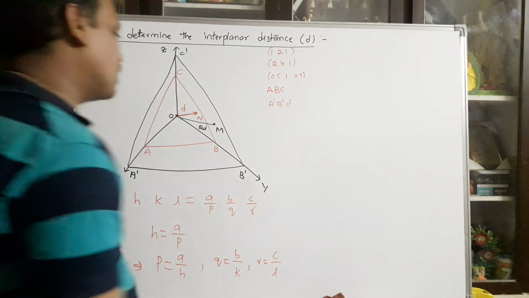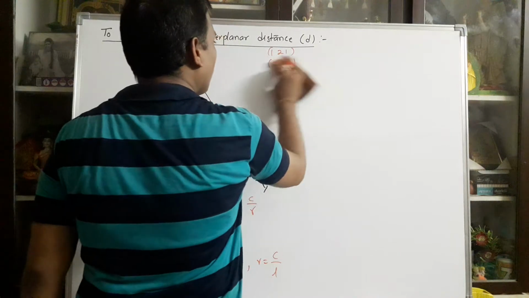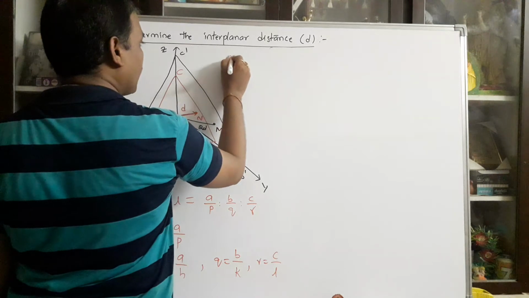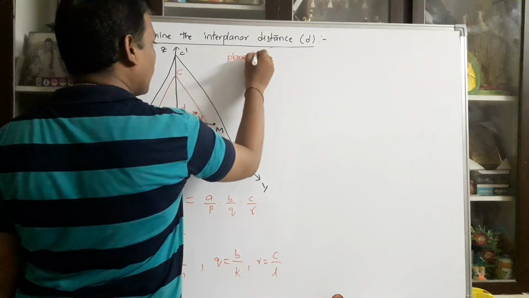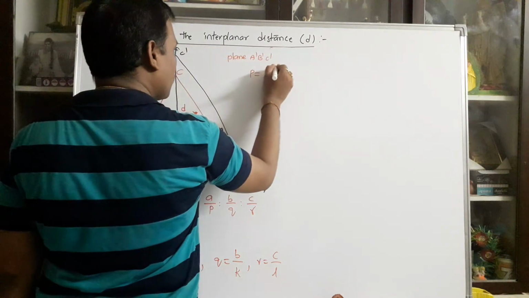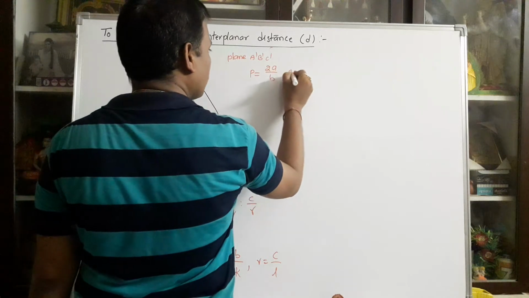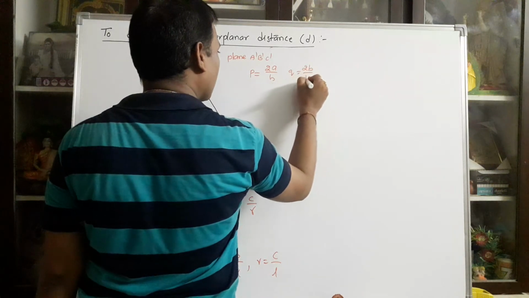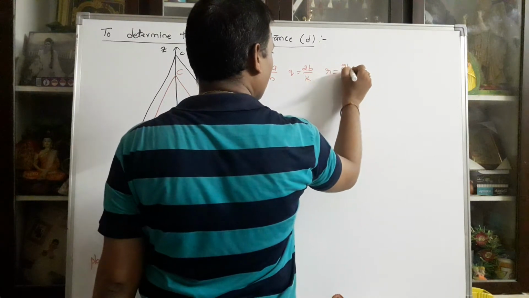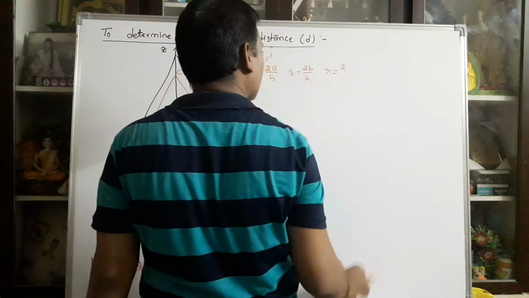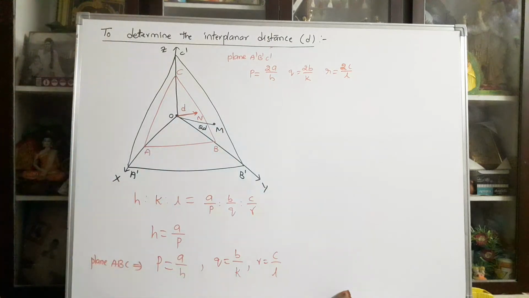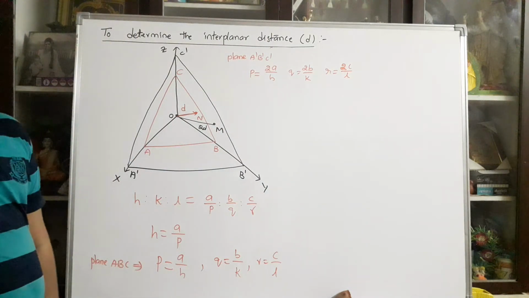In a similar way, from the plane 2 point of view, the plane A dash, B dash, C dash, p can be represented by 2a by h, q can be taken as 2b by k, and r can be taken as 2c by l. These are the plane intercepts along the x, y and z directions.